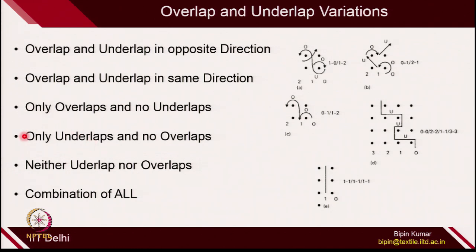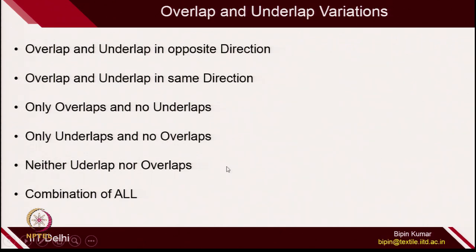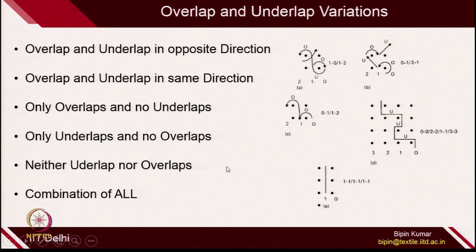You can also go for only overlap in the course, no underlap. You can also choose only underlap in a course, no overlap, or you can also choose not to give any overlap or underlaps on the machine. So, neither underlap nor overlaps, or you can combine all of these together to create very complicated structure.